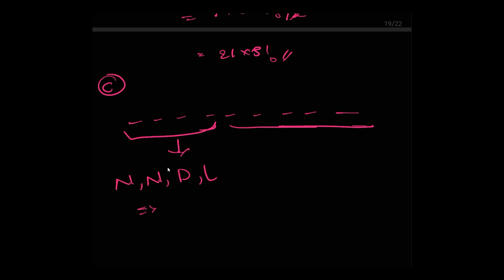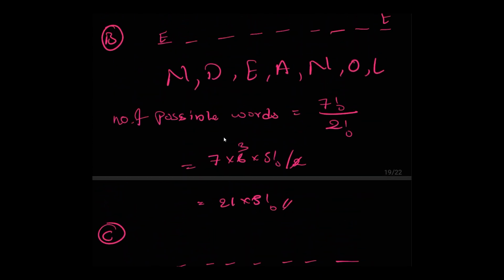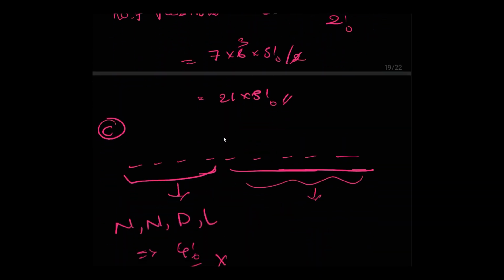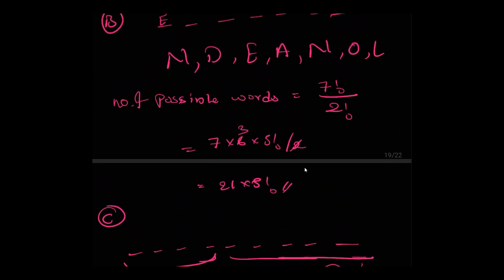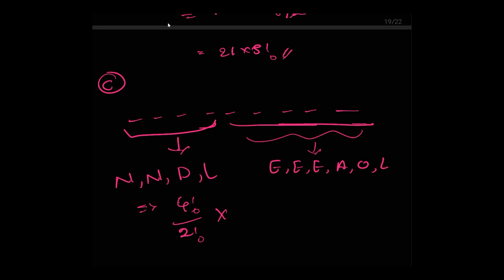For filling these 4 it will be 4 factorial by 2 factorial, into the number of ways of filling the other one, where the letters will be E, E, E, A, O. So we will remove it.